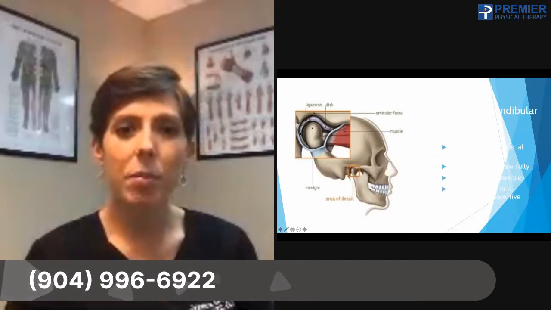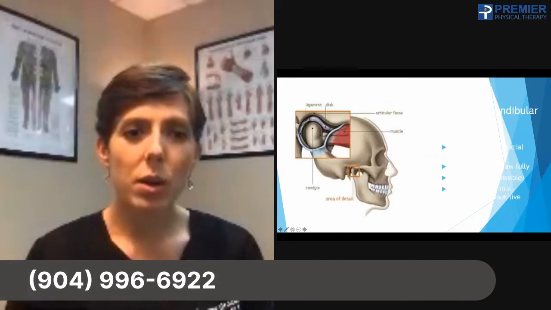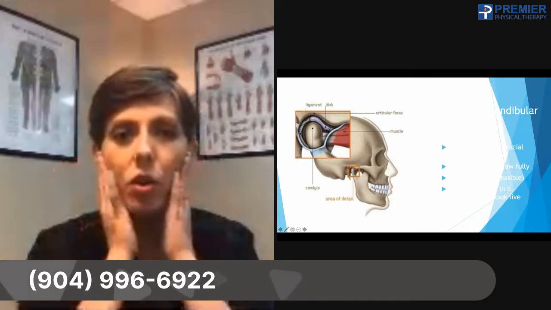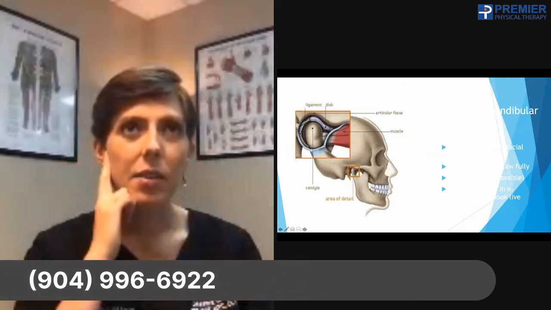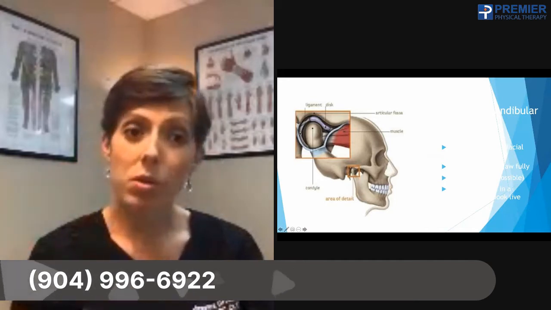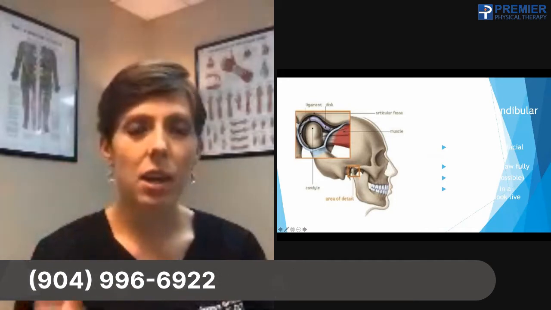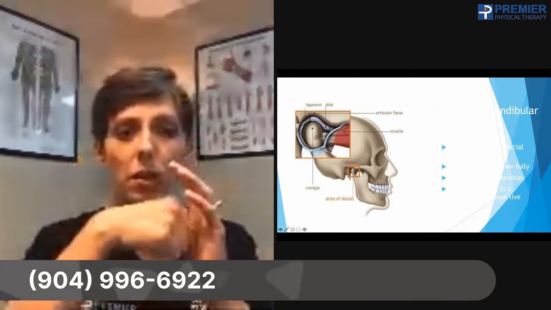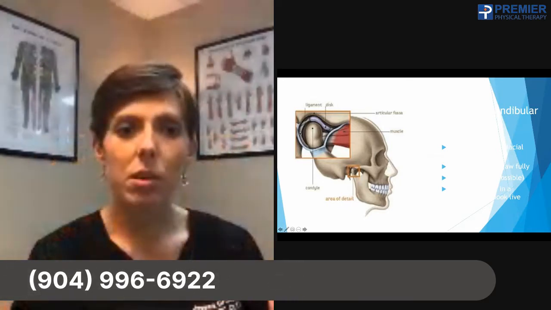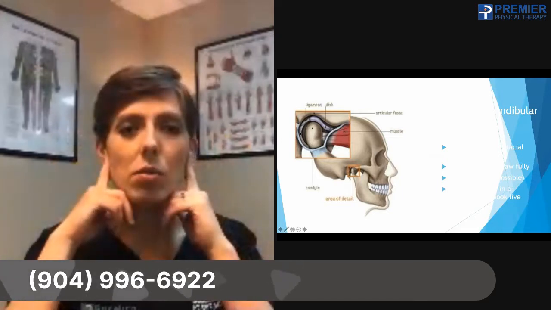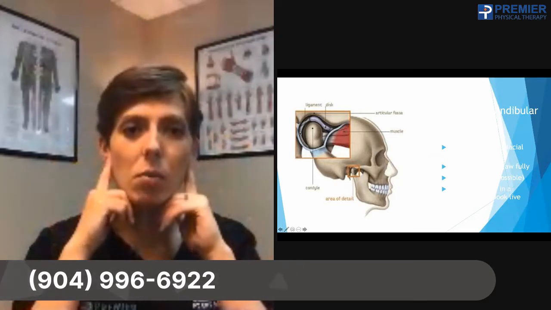Now, as far as temporomandibular dysfunction, that's the jaw, okay? We've got a joint there, and the way that joint is supposed to work and coordinate with both how the joint moves plus how the muscles tug on the joint can become dysfunctional. You can have one joint that moves too much, one joint that moves too little.